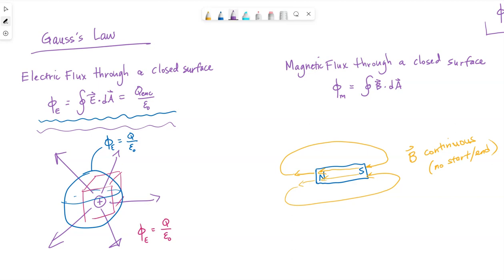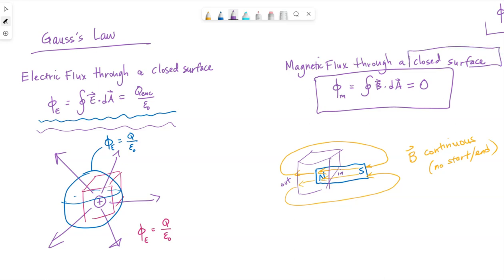That means any shape I choose to draw that is closed will always have the same number of field lines coming out of the surface as going back in to the surface. Which means Gauss's law for magnetism is always equal to 0. This is specifically for a closed surface.